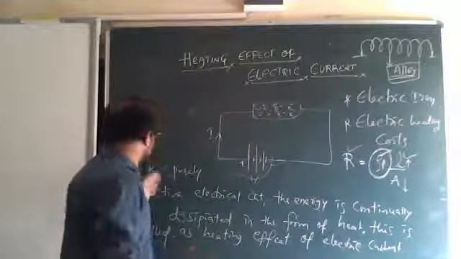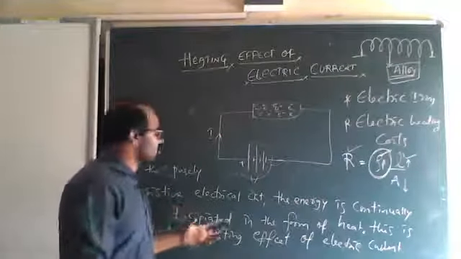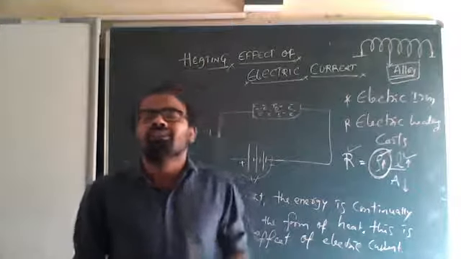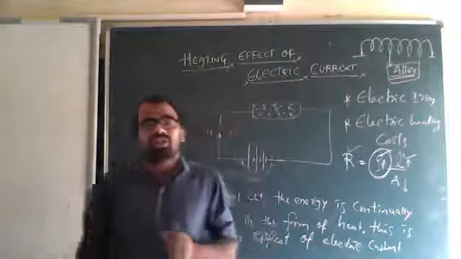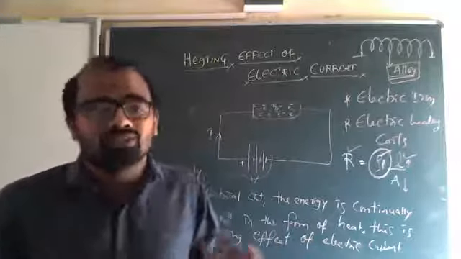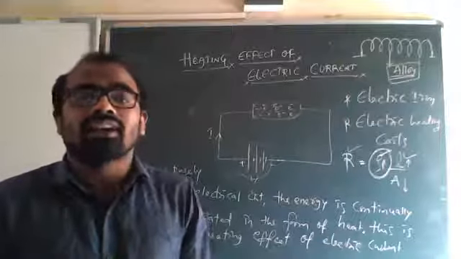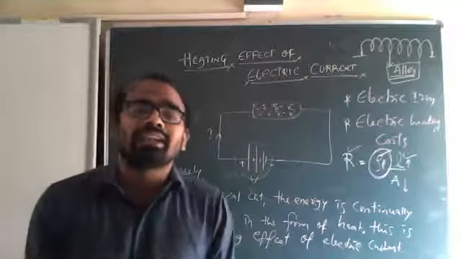And what is the heating effect of electric current? In a purely resistive electrical circuit, the energy is continually dissipated in the form of heat. This is called the heating effect of electric current. You can use it in your electrical irons and your electrical heating coils.